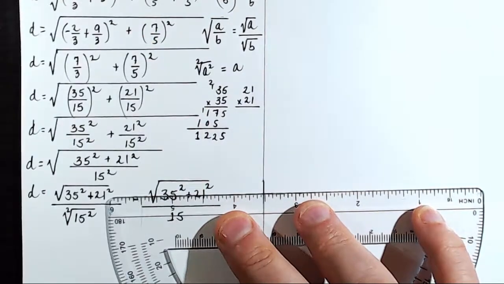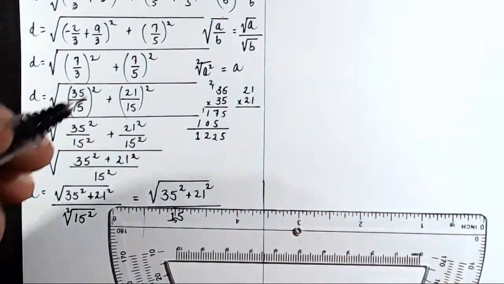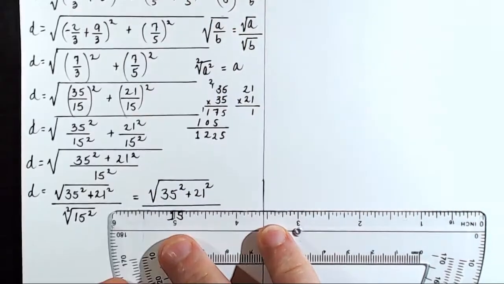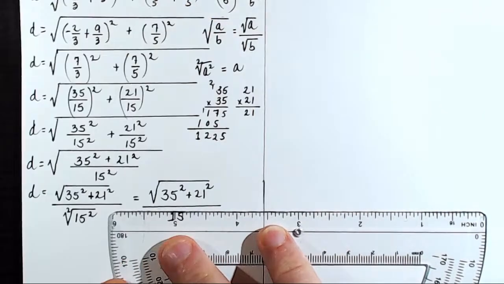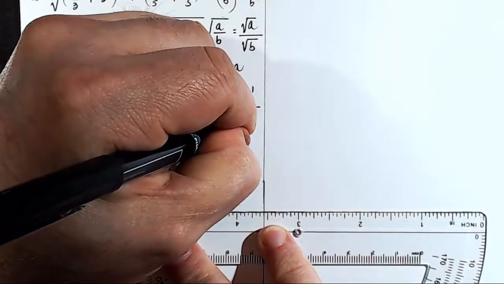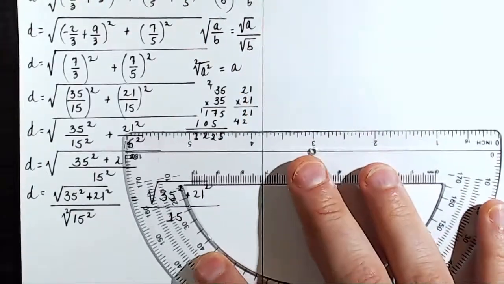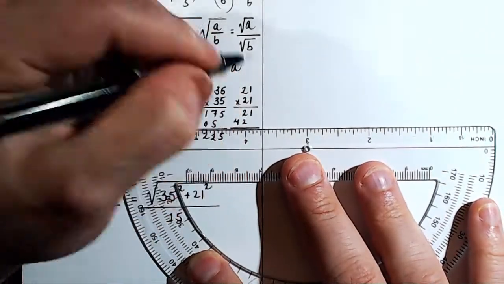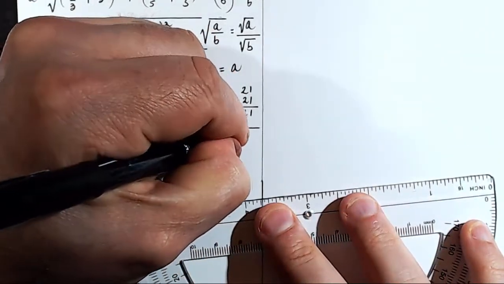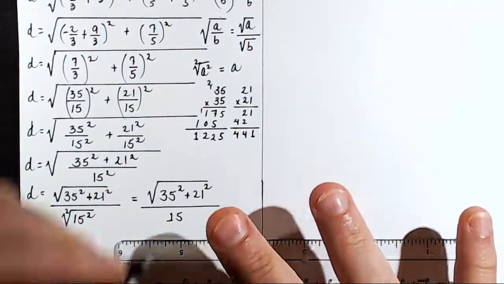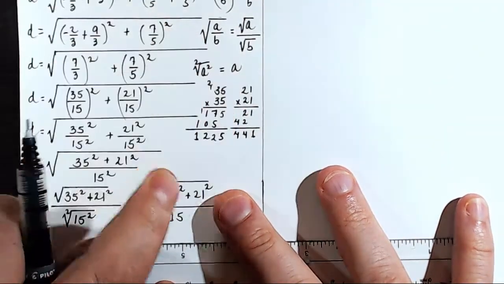Okay, so I got 1225 right there. And now I'll do 21 times 21. 1 times 1 is 1. 2 times 1 is 2. 1 times 2 is 2. 2 times 2 is 4. So this is equal to 441.